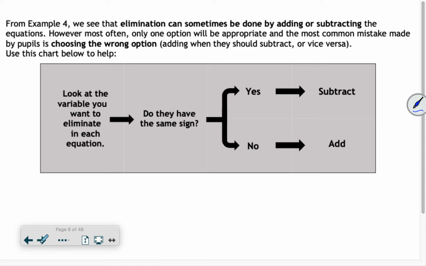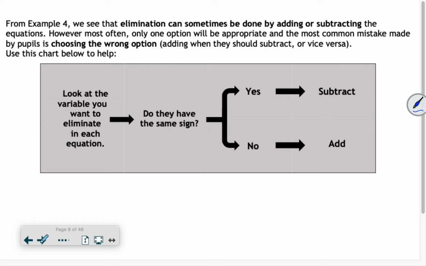However, most often only one option will be appropriate, and it'll be up to you to decide what is the appropriate method to use. And sometimes if you use the wrong method, it's because you've chosen to either subtract or add the equations when you should either be adding or subtracting them.